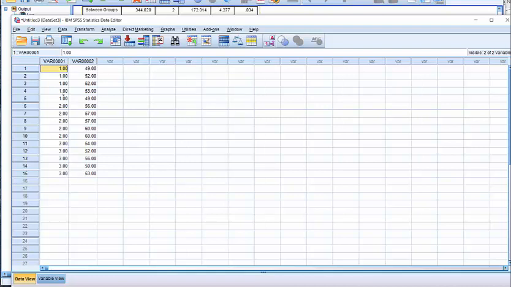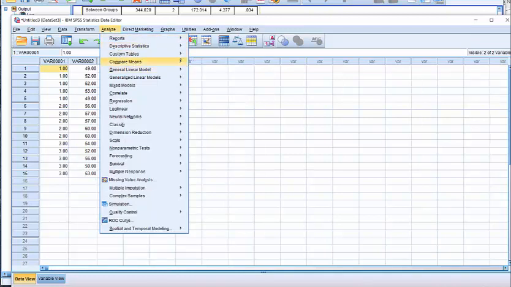So there's group 1, group 2, group 3, and then the income. Here are the 5 incomes for the group 1 folks, the 5 incomes for the group 2 folks, the 5 incomes for the group 3 folks. And we can do an analysis.